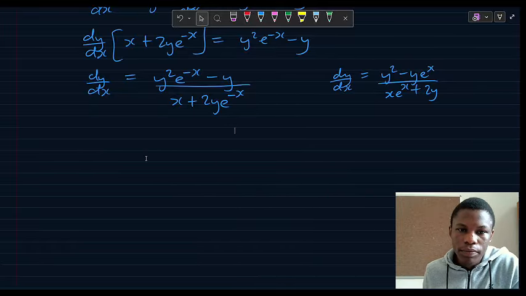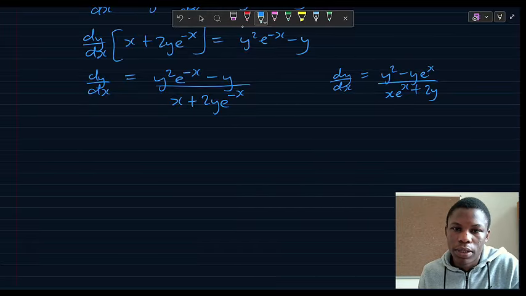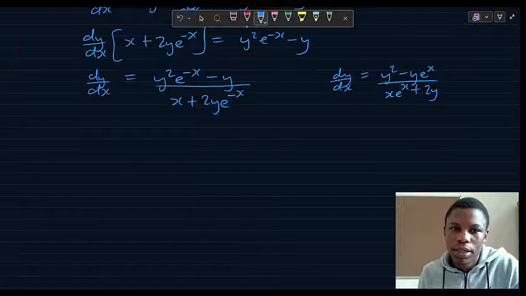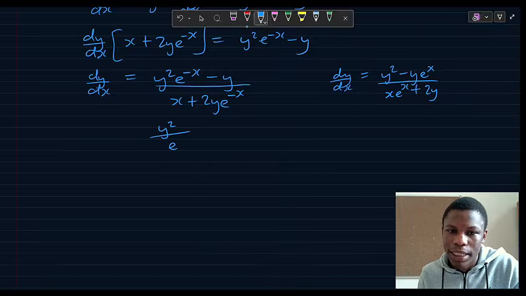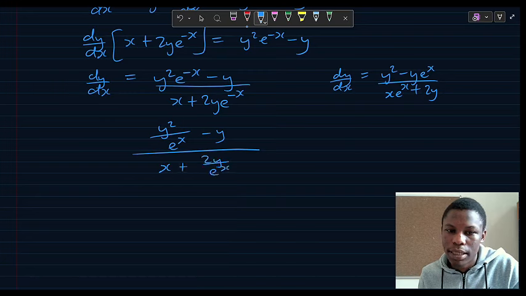Alright. So what I'm going to do is write e to the negative x with a positive power. So that what we have here is y squared divided by e to the x minus y. And this is all over x plus 2y over e to the x.